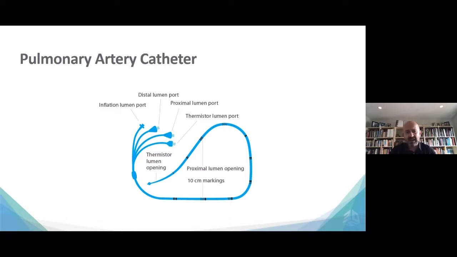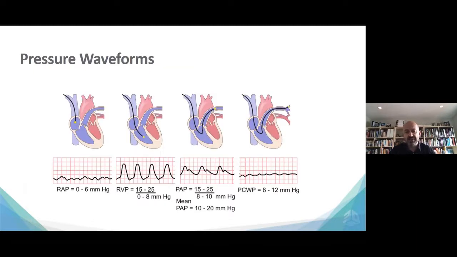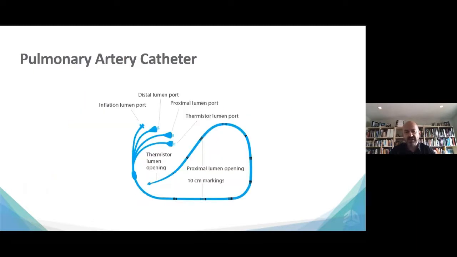And then PA catheters come, let me just go back a slide. Manufacturers make a variety of PA catheters, so you'll see there are quite a few ports. You can have 1 port, 2 ports, 3 ports. It's important to know which one is which, and usually they have nice colors, but it matters because you do want to transduce the pressure from the distal port.